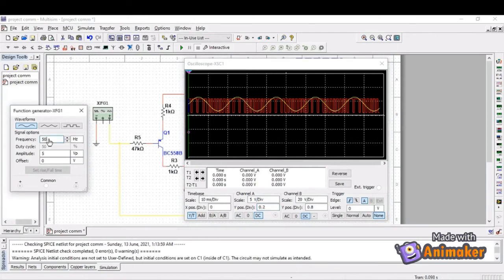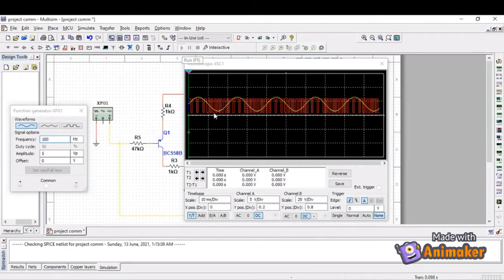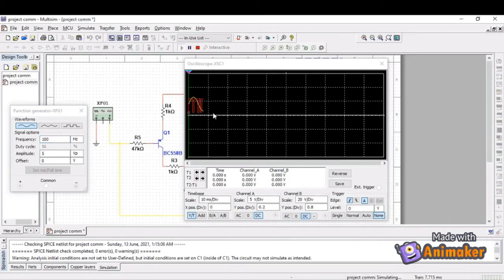Next we will change the frequency to 100 Hz and the amplitude is still the same, 5 V, and run. Okay, now we can see the graph is smaller than at 50 Hz.